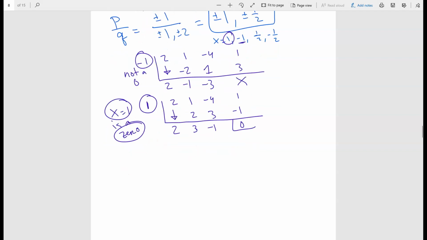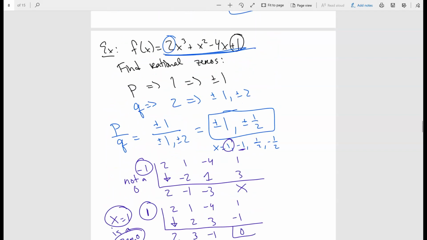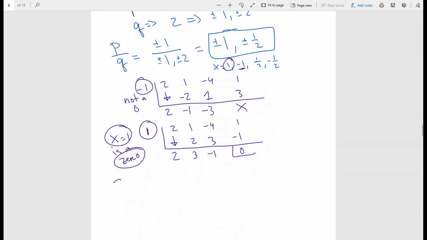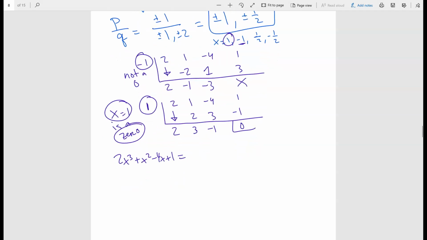Okay, so that means that, remember, we can write this function 2x cubed plus x squared minus 4x plus 1. We can write this as, since x equals 1 is a zero, x minus 1 is a factor, so it's going to be x minus 1, and then the resulting 2x squared plus 3x minus 1.